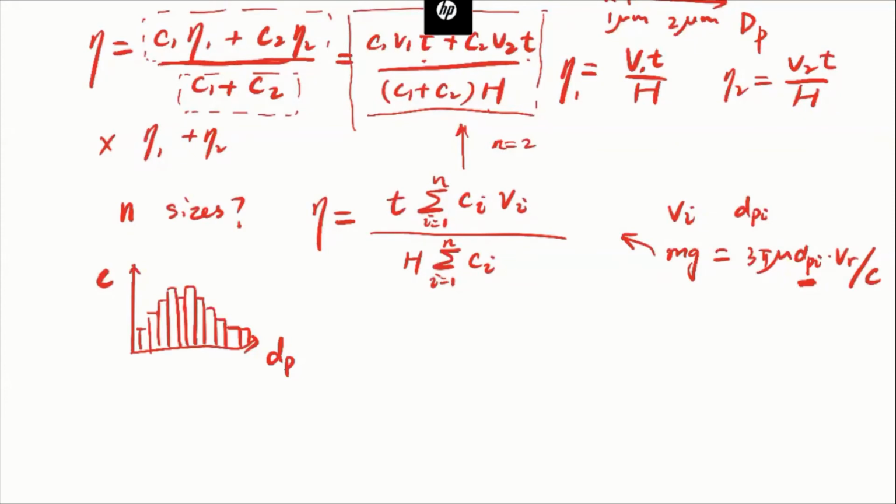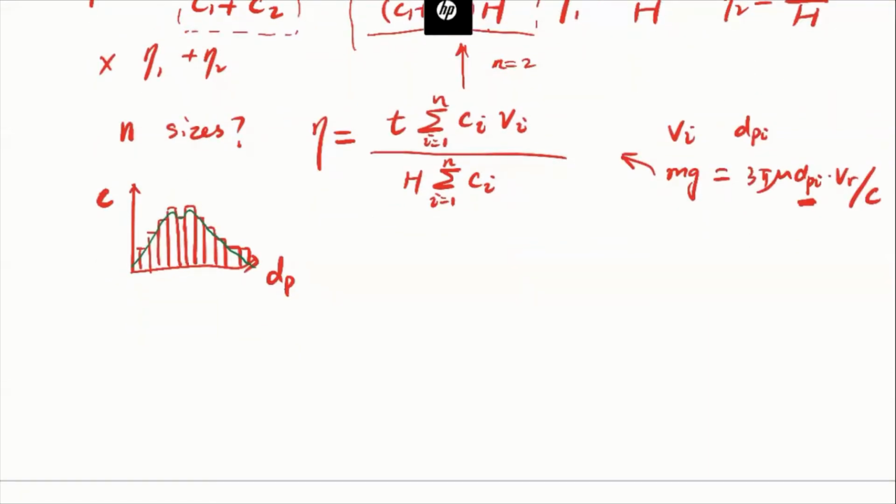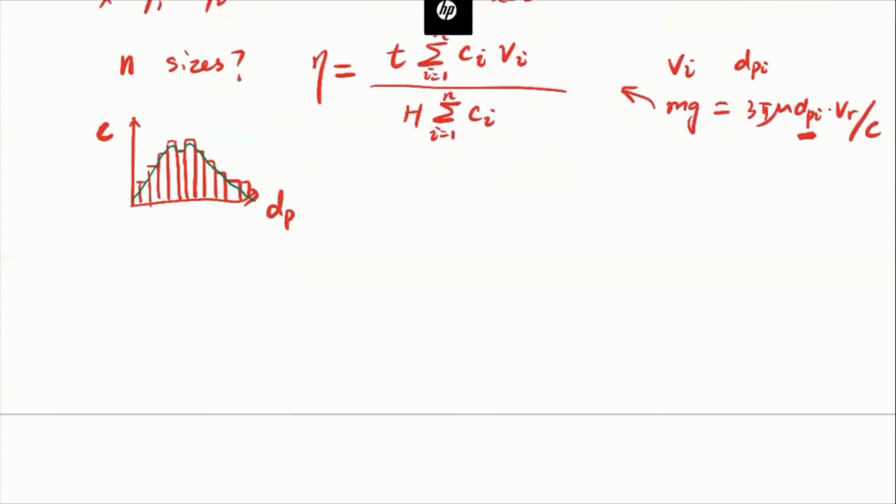But we also mentioned that for real size distributions, it's never in this discrete form. They're going to be in the continuous form, right? So if we have a continuous form of the particle size distribution, we're going to convert this summation into an integral, right? So this new removal efficiency is just going to be an integral of the dpi.